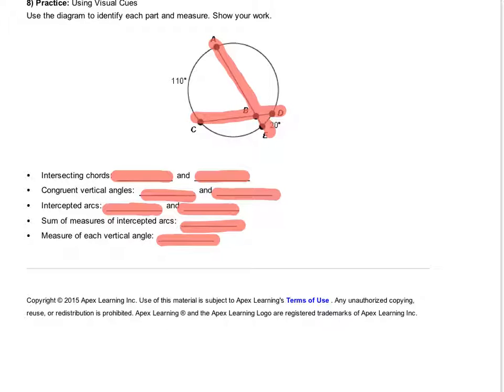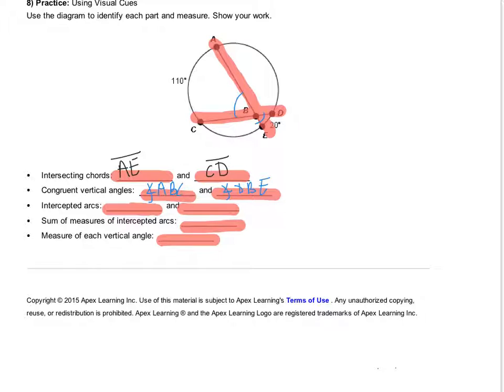Our congruent vertical angles made by those chords are angle ABC and angle DBE.